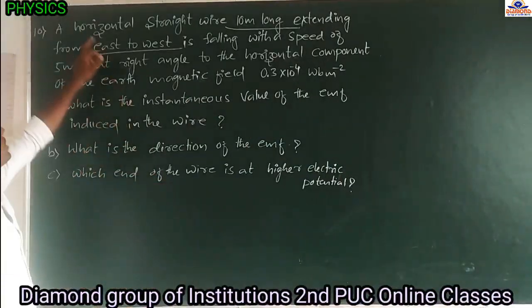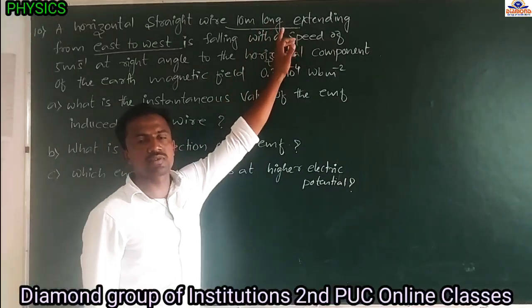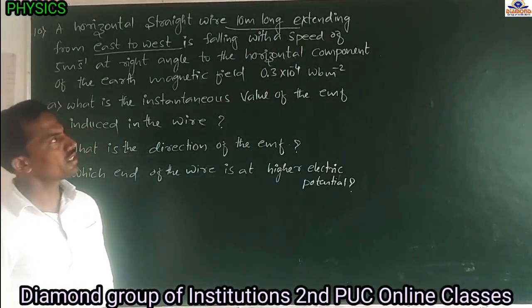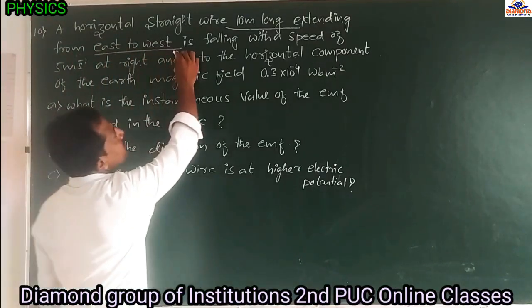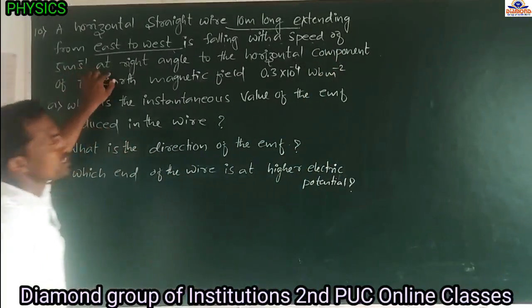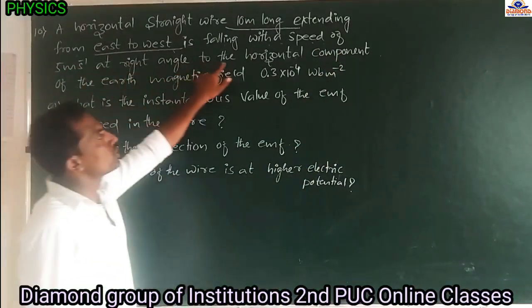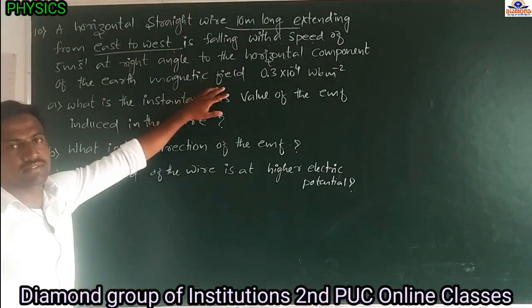The next problem: a horizontal straight wire 10 meter long, extending from east to west, is falling with a speed of 5 meter per second at right angle to the horizontal component of the earth's magnetic field.